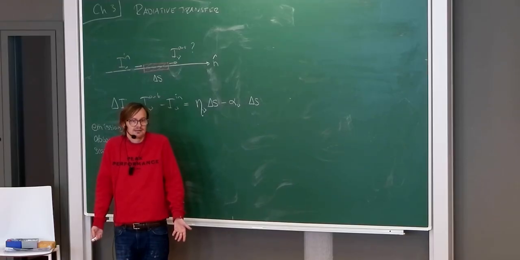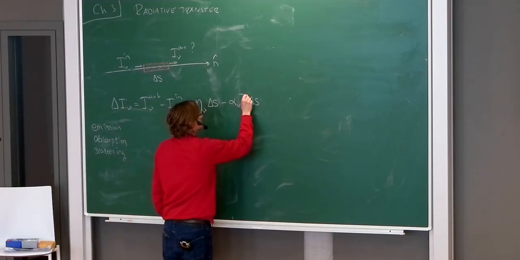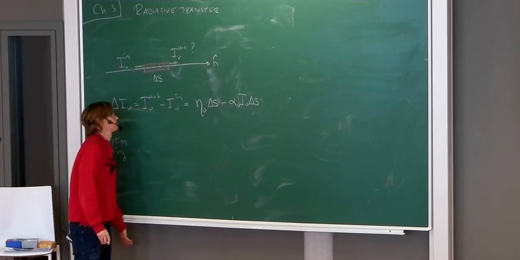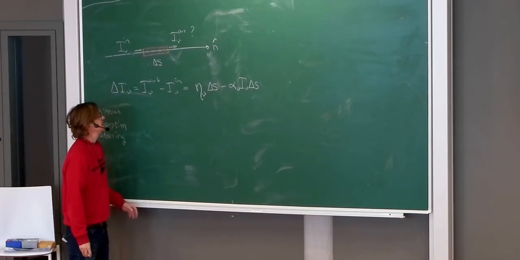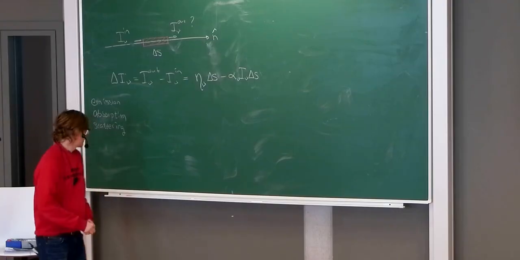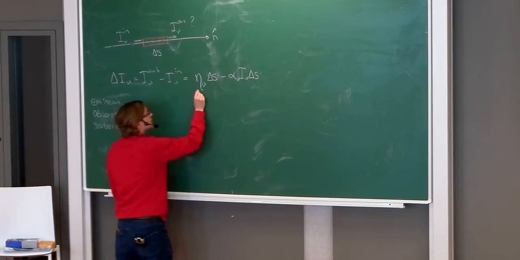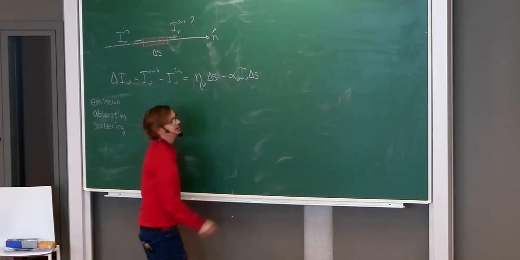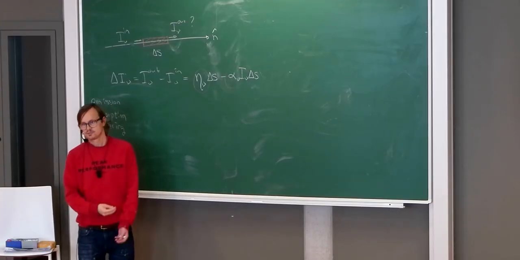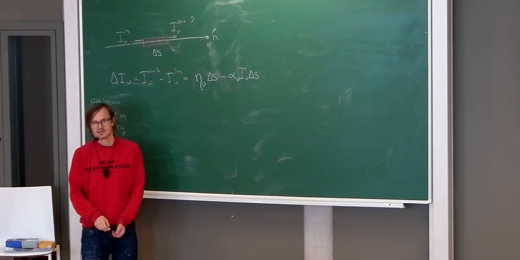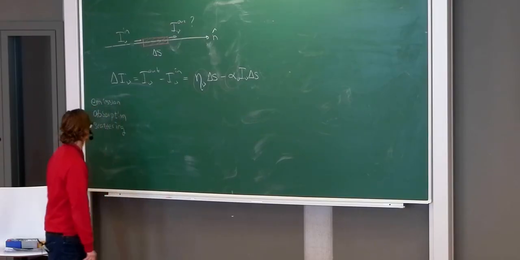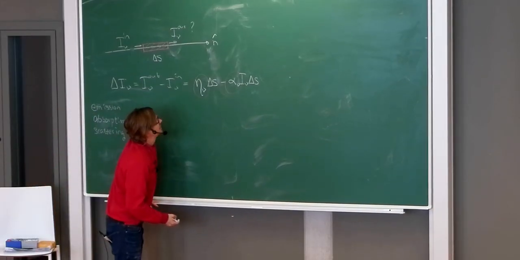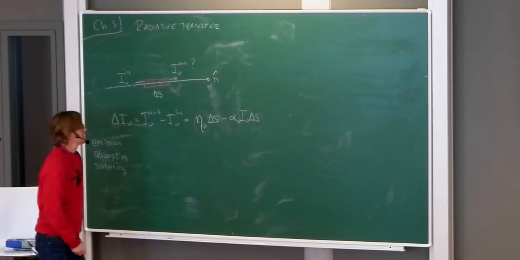There's nothing there. So that's going to be proportional to I nu at that point. Okay? So this will be our emission coefficient, and this will be our extinction or absorption coefficient. Extinction coefficient then normally deals with both absorption and scattering. That's the difference.